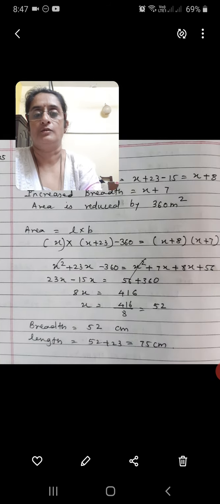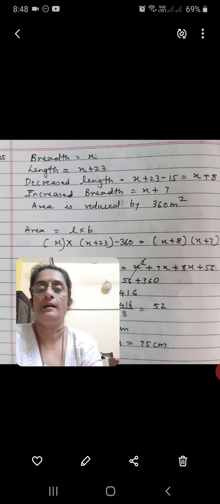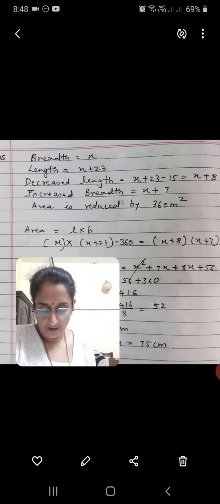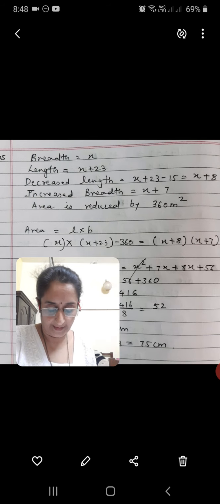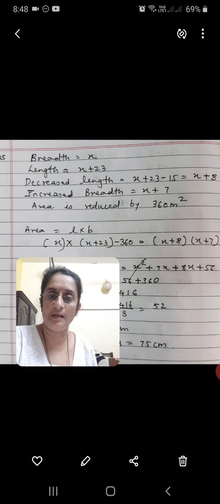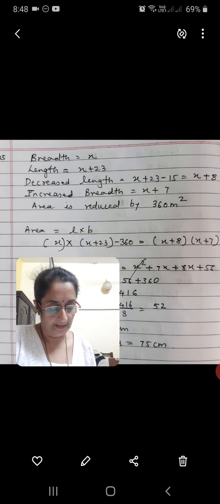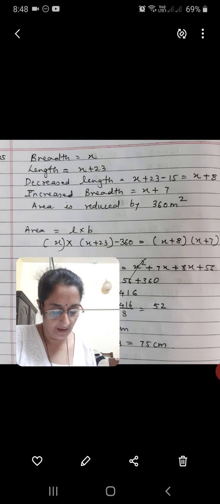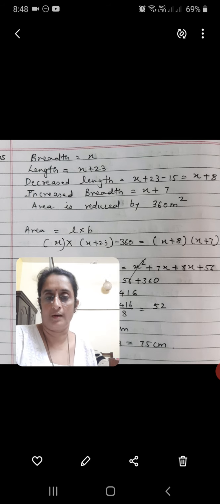Now let us go to one more question, that is the 25th. The length of a rectangular plot of land exceeds its breadth by 23 meters. If the length is decreased by 15 and the breadth is increased by 7, the area is reduced by 360 meters square. Find the length and breadth of the plot.